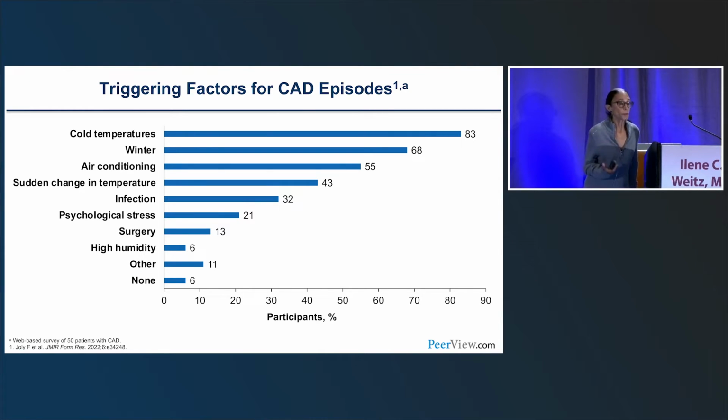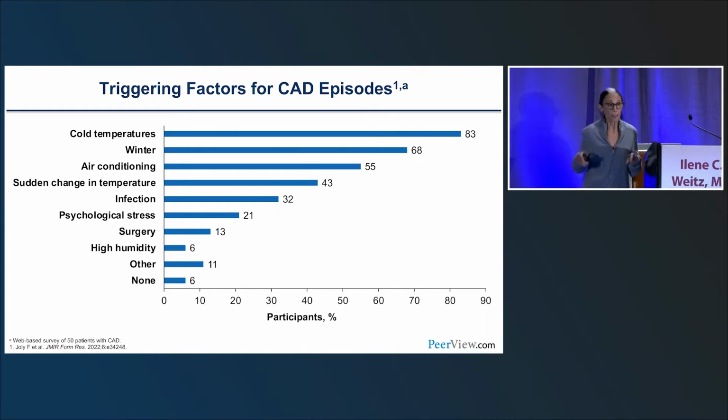So factors that trigger off CAD episodes: cold temperatures. Now, in Southern California, for example, we don't see exacerbations of CAD during the summer because we're pretty warm. But this time of year, we will see more cases.